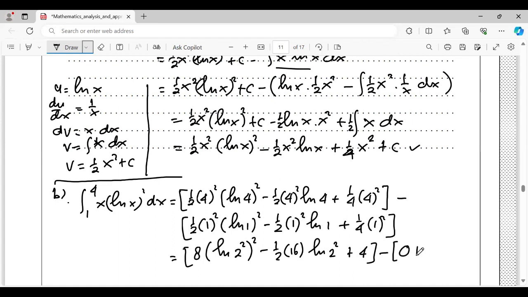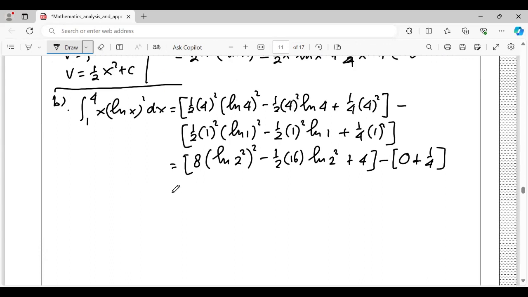So 0 plus 1 over 4 becomes 8. 8 times 2 ln 2 squared minus 8 ln, or 8 times 2 becomes 16 here. Wait, I'm going to change 16.